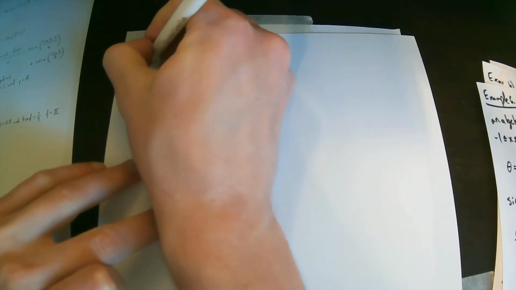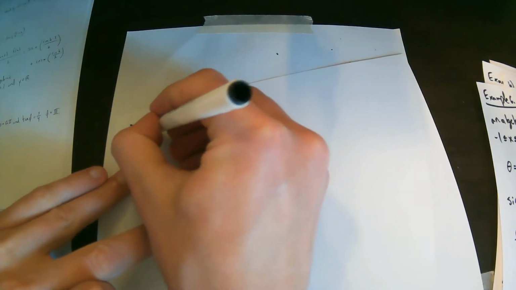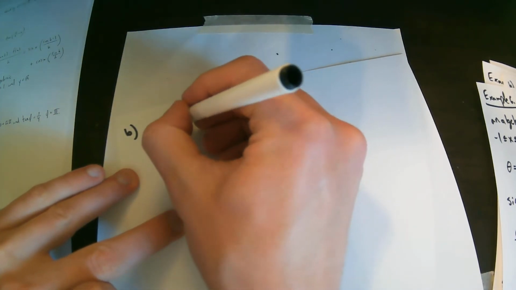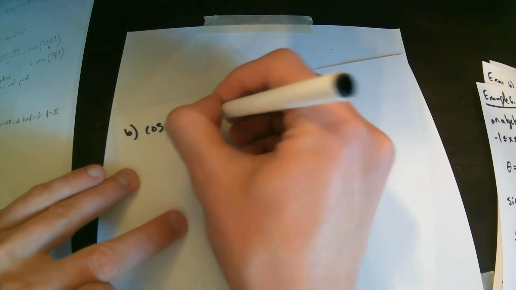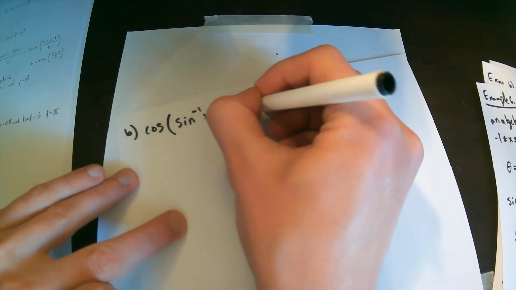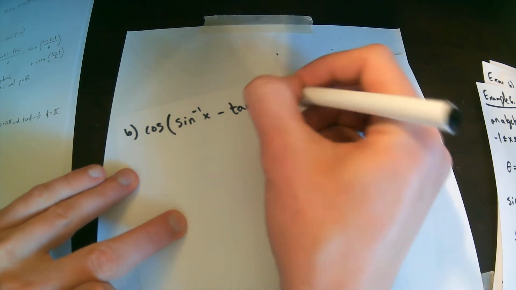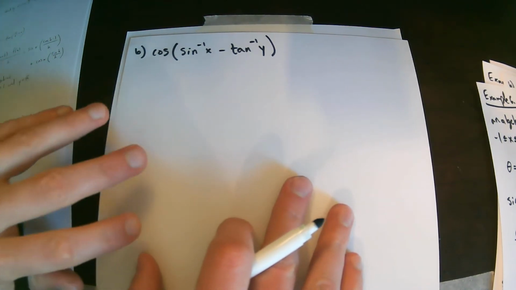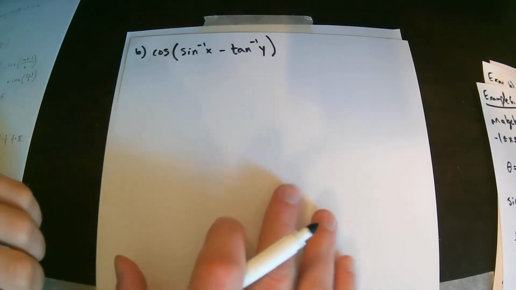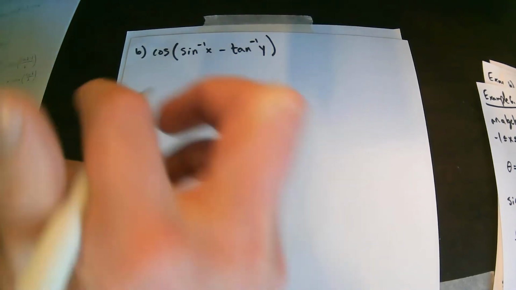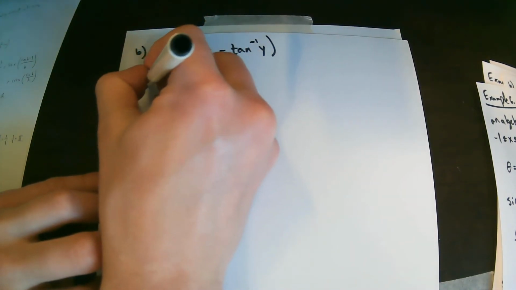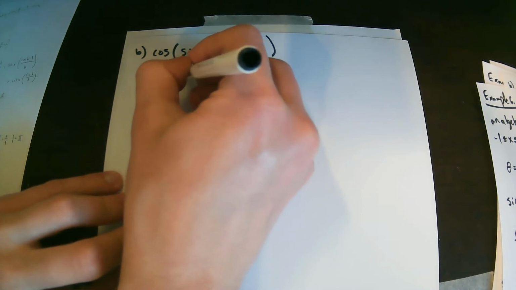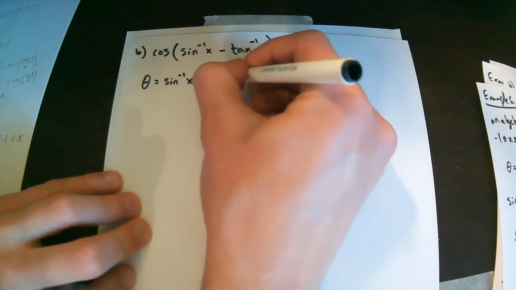Example 6b. So same instructions with cosine of sine inverse x minus tangent inverse y. Okay, so let's just go ahead and name those inverse trig functions.